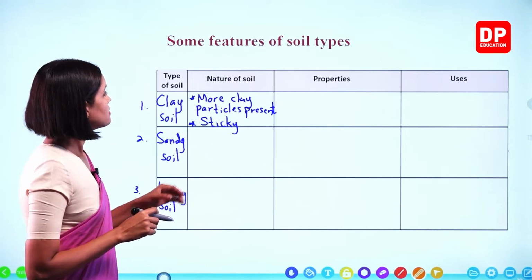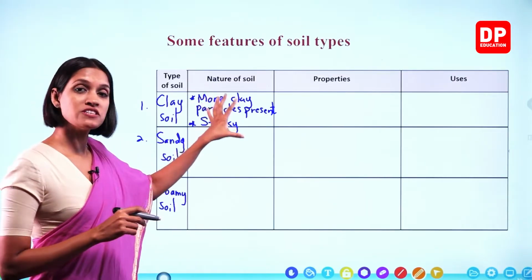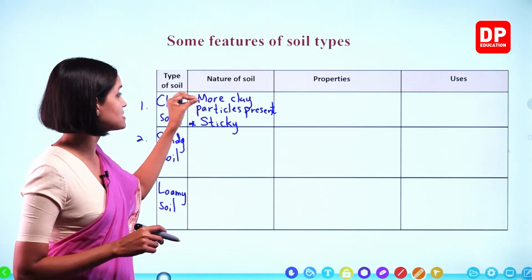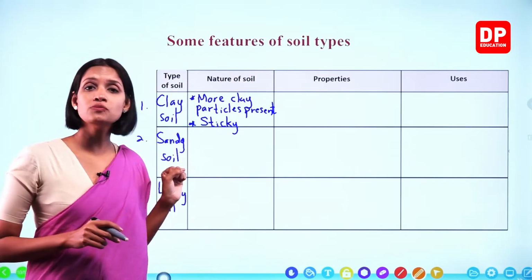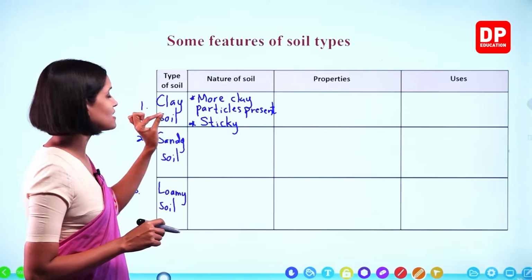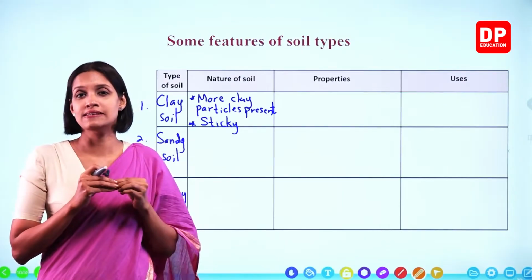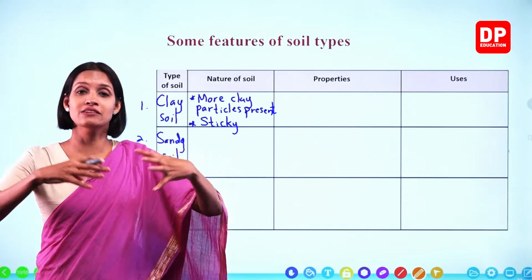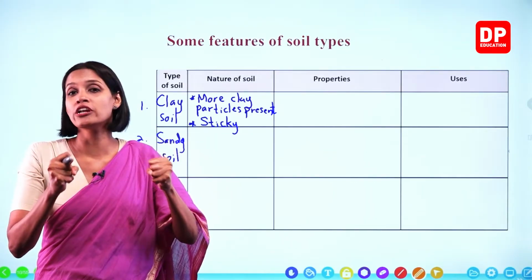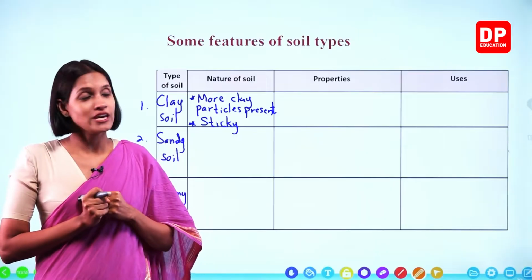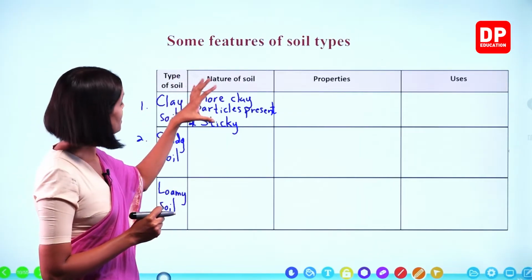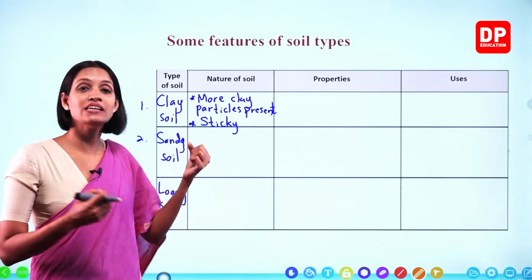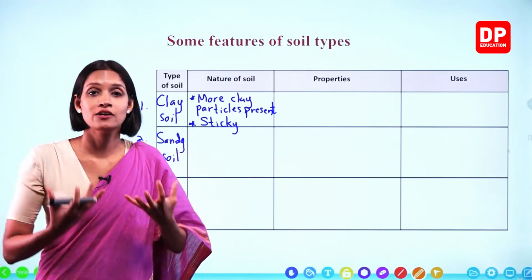Because of the presence of more clay particles and because it is sticky, there are certain properties. Now, clay particles are very tiny. Clay particles have this special ability of retaining, holding water molecules with them. So if a soil has more clay particles, that type of soil, clay soil, can retain more water.